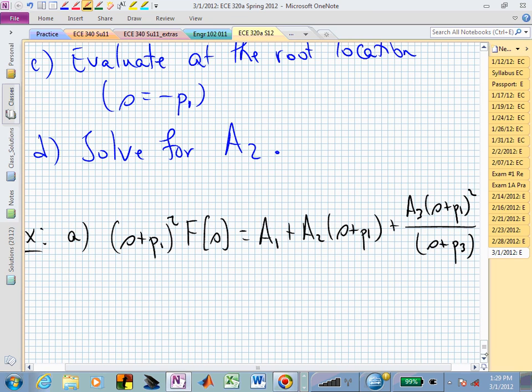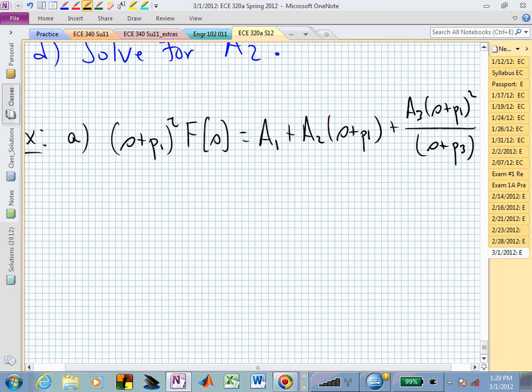That was the first step, which is just to multiply all sides or all terms by s plus p1 squared, the highest power of our factor. The next step says we want to differentiate both sides with respect to s.